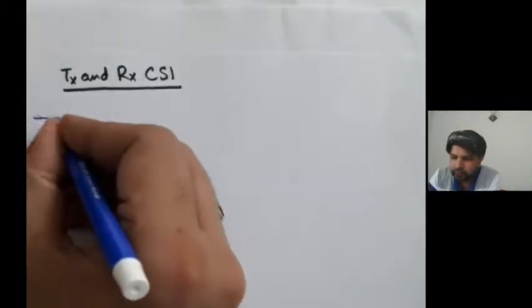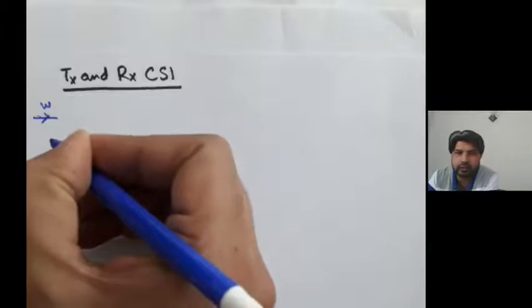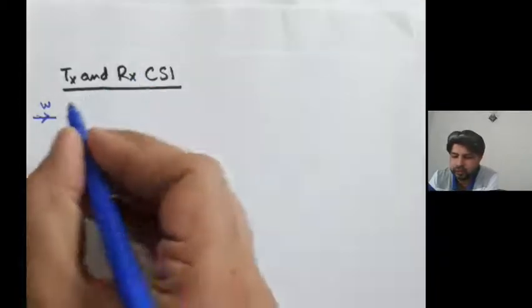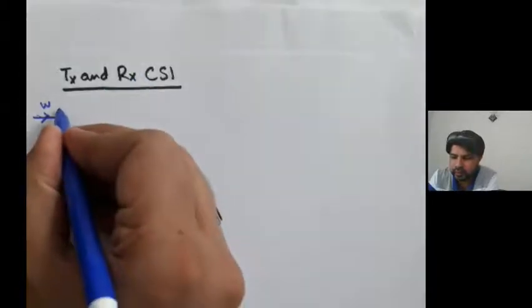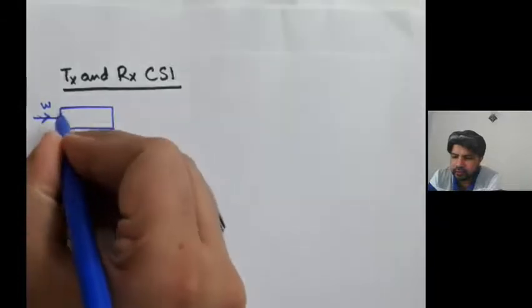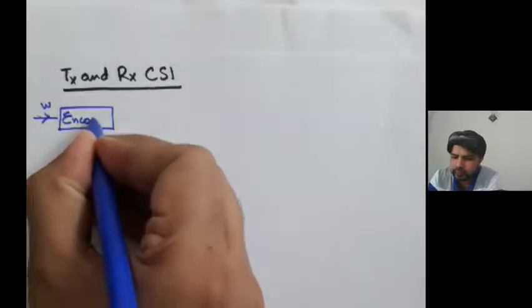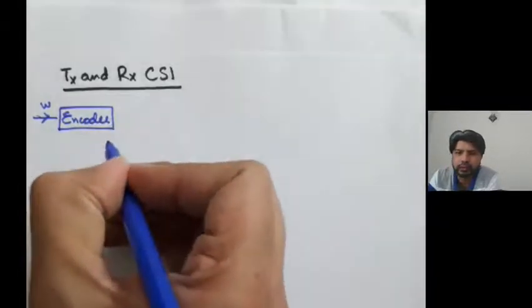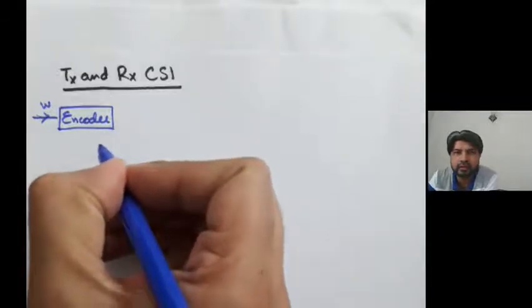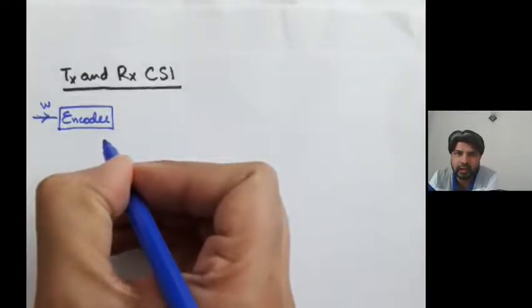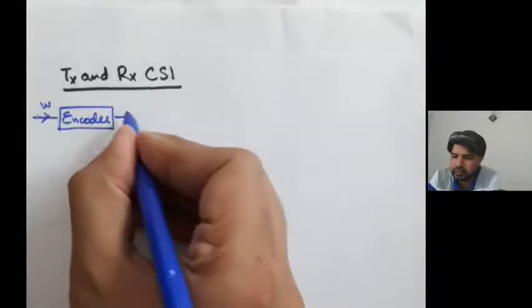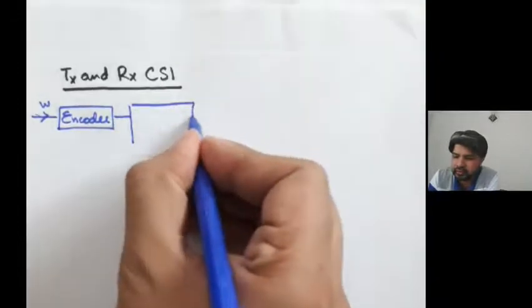We have this W, which is the message that is to be transmitted from the transmitter to the receiver. We would have an encoder that would encode the information. But now, since the transmitter side has the channel side information, there is room for adaptation.